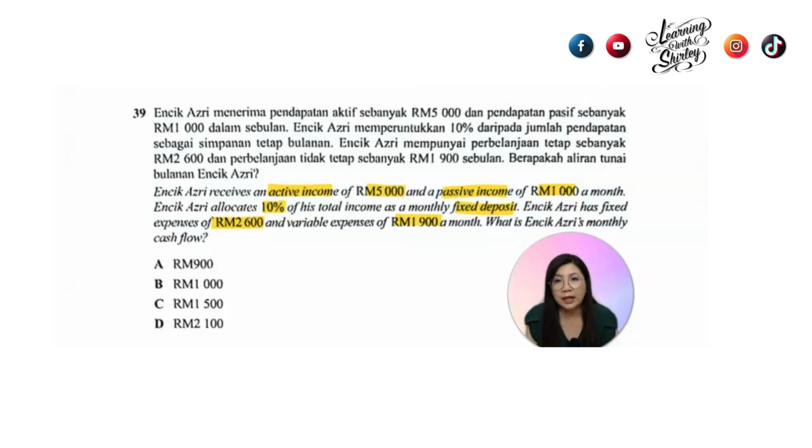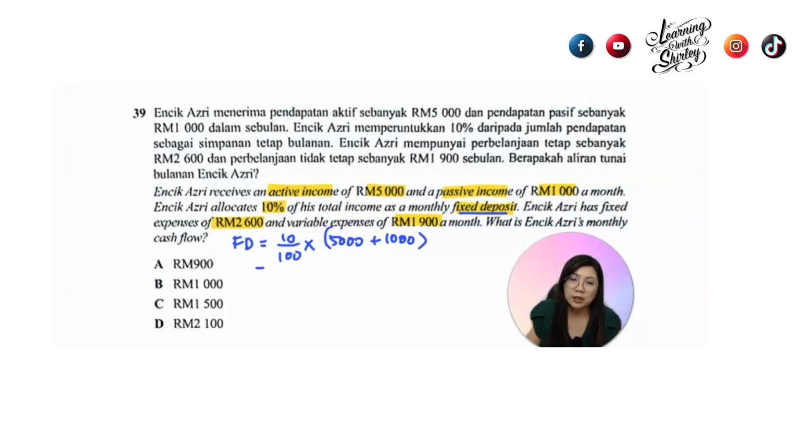What is the monthly cash flow? To find cash flow, we need to find how much money is allocated for the monthly fixed deposit. FD will be 10% of the total income, so 5,000 plus 1,000.